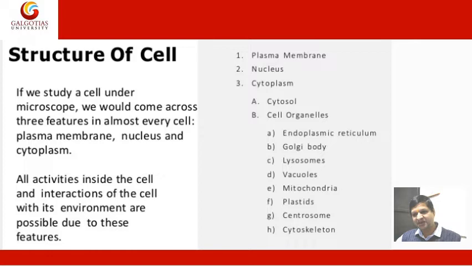First is plasma membrane, second is nucleus, third is cytoplasm. Cytoplasm is further divided into cytosol and cell organelles. Then we have further classified endoplasmic reticulum, Golgi bodies, lysosomes, vacuoles, mitochondria, plastids, centrosomes, and cytoskeleton.